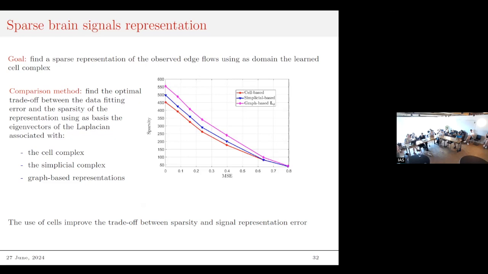I am not able to fill a square. So we needed to go beyond the simplicial complex and use a cell complex, because in a cell complex, I can fill all polygons of any dimension: triangles, squares, and so on.